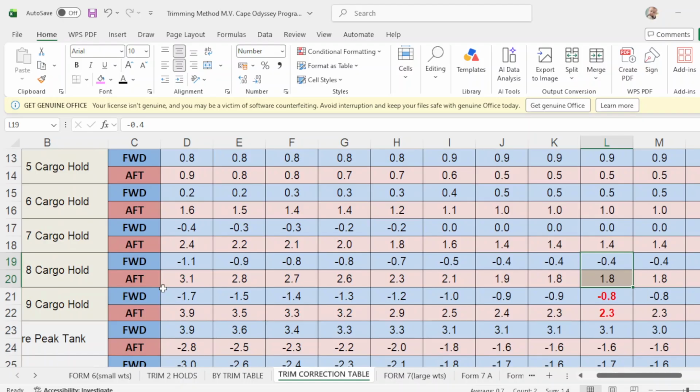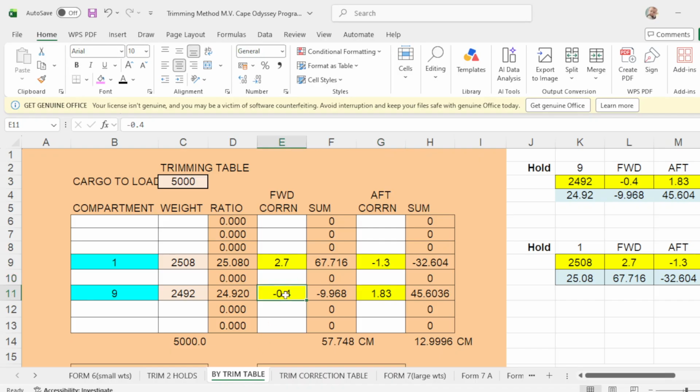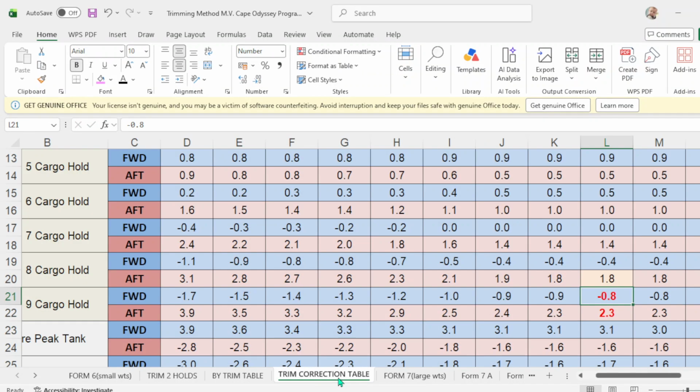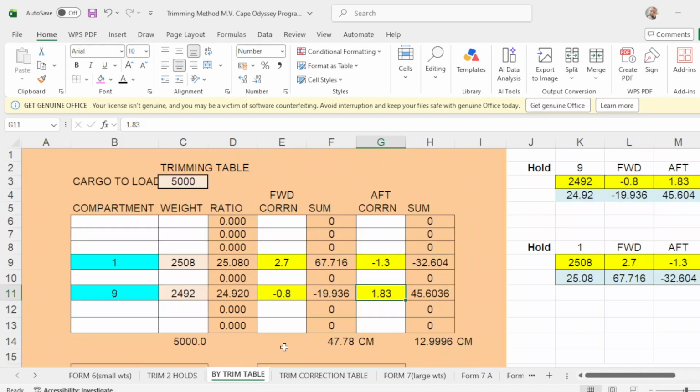Scroll down. So this is hold number 9. Forward correction is negative 0.8. So negative 0.8. Then aft correction, number 9 aft is 2.3. So you put here 2.3.